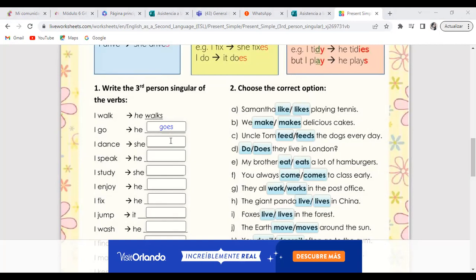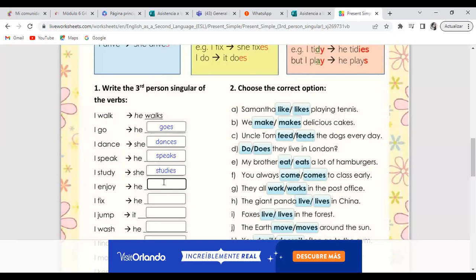What about speak? She dances. He speaks. There is no problem with this verb. We only add an S. And then study. Remember, this verb ends with Y, but before Y there is a consonant. So we say studies.